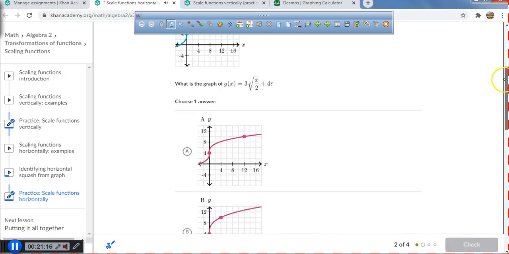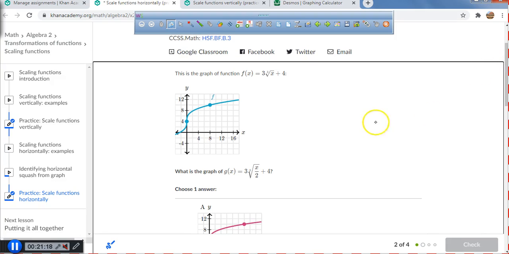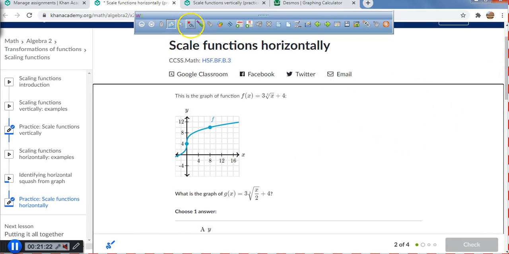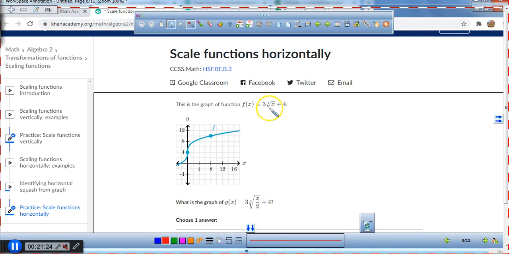Okay, let's do one more. So we have a function right here in blue. Right now, it looks like we have this value being multiplied by a half.